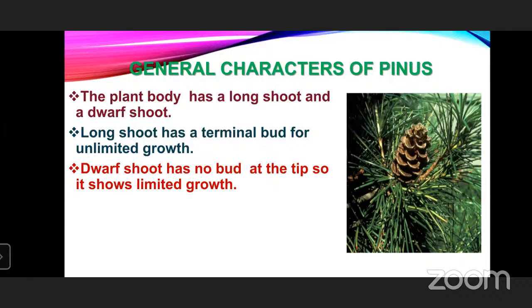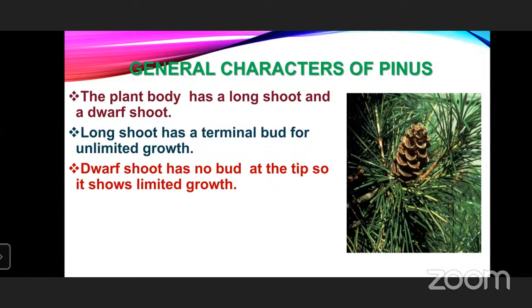In pteridophytes, gymnosperms, and angiosperms, the plant body is a diploid sporophyte. So when we observe a mango tree or a tamarind tree, that tree is a sporophytic plant. The plant body is present in the form of sporophyte.